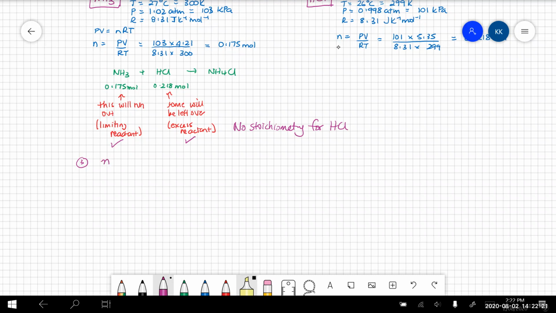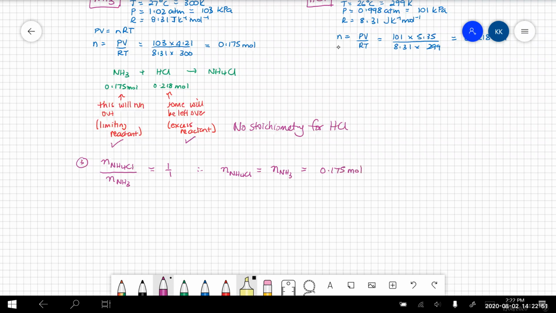So our unknown, what we're trying to calculate, we've almost forgotten. We've had to do so much work on the way, we've almost forgotten what we're calculating. We're going to use our limiting reactant, and it's a 1-to-1 mole ratio there. So the moles of ammonium chloride will be equal to the moles of ammonia, which is 0.175 moles.